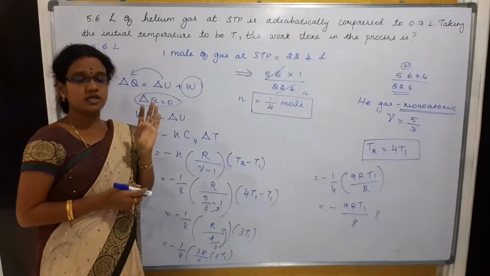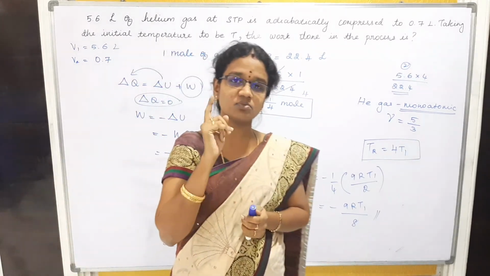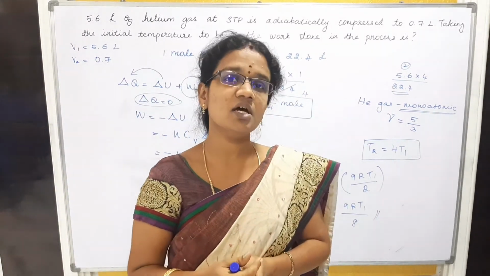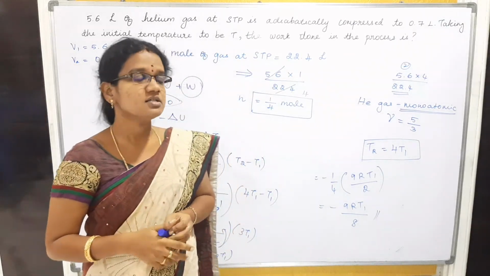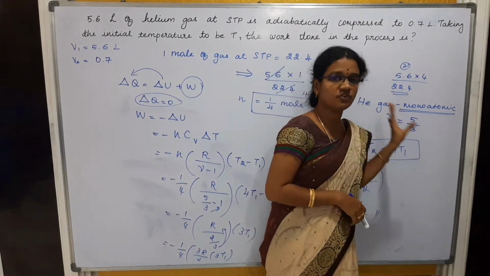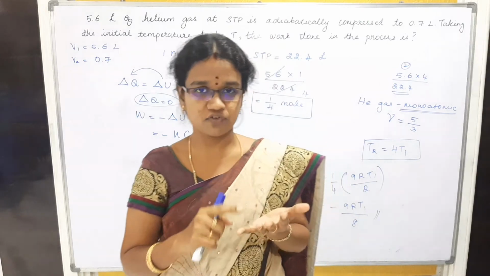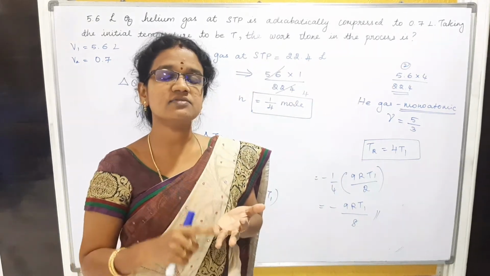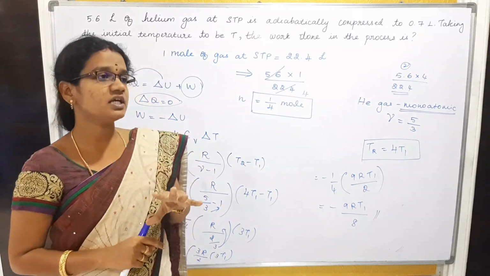We could know whether it is a monoatomic or diatomic gas: helium is a monoatomic gas, since only one atom is present in that gas. Then what is the value of gamma here? It is 5/3. The gamma value for a monoatomic gas is 5/3, whereas the gamma value for a diatomic molecule is 7/5. We have to be very careful.